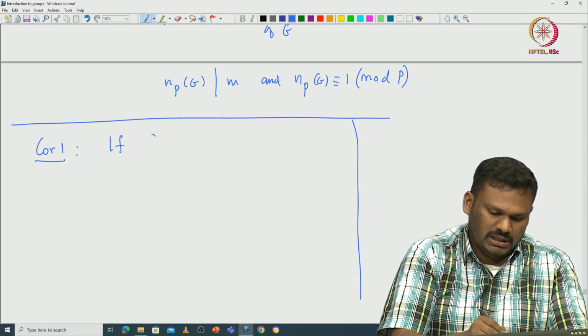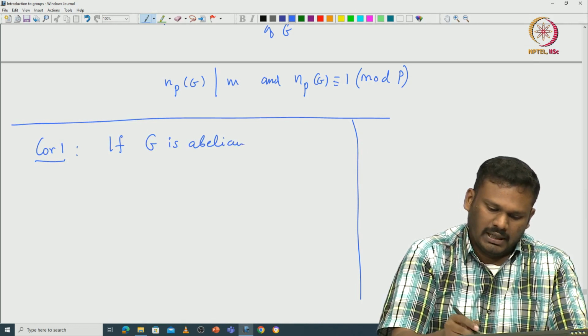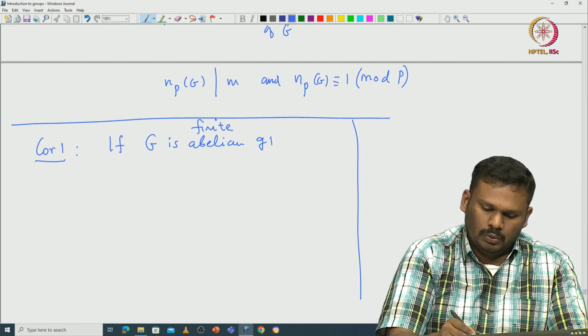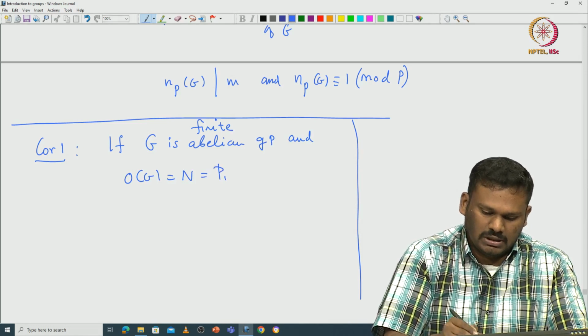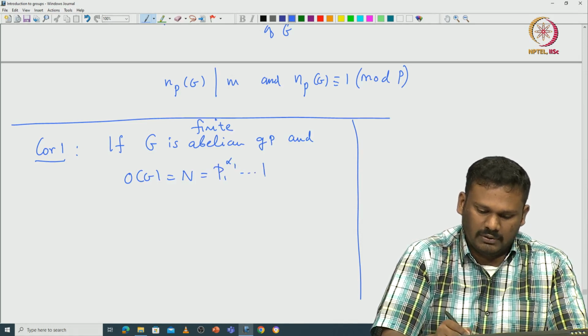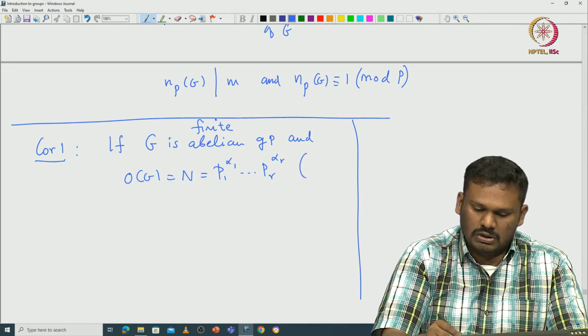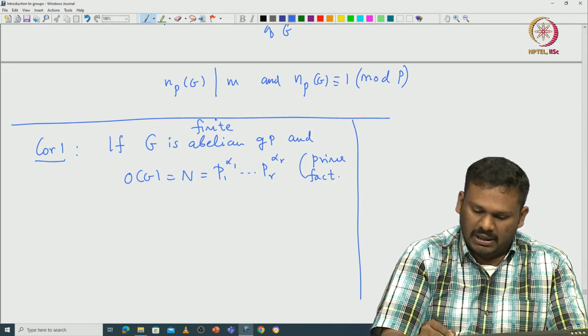If G is abelian, again a finite abelian group, write the order of G, call it capital N, as the product of primes p_1^alpha_1 up to p_r^alpha_r. This is the prime factorization of the number N.